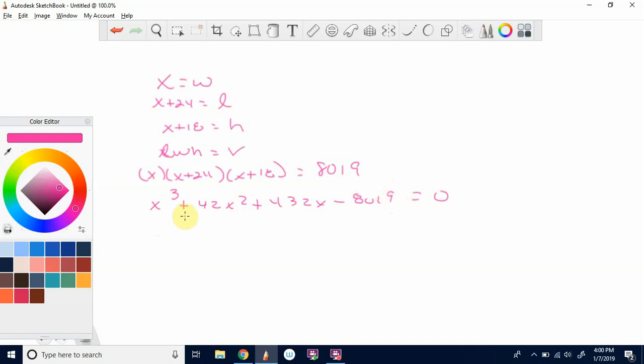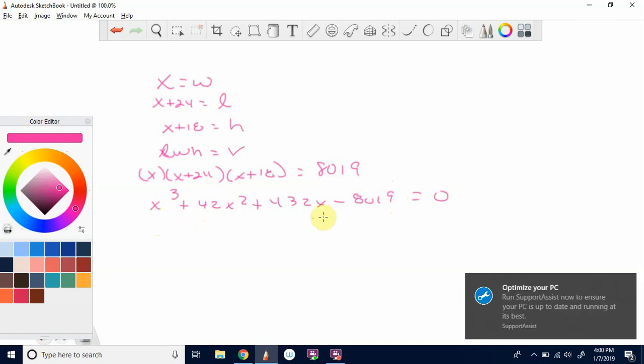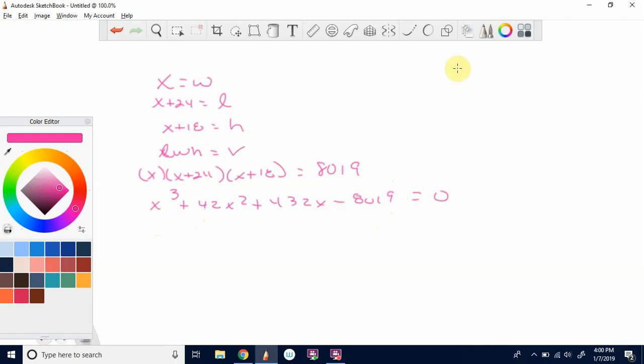Now, according to Descartes' rule, we're going to have one sign change, so exactly one positive. We know we don't care about the negatives, because we can't have a negative width. We're talking about measurements, so all we care about are the positives, so we're looking for one positive.